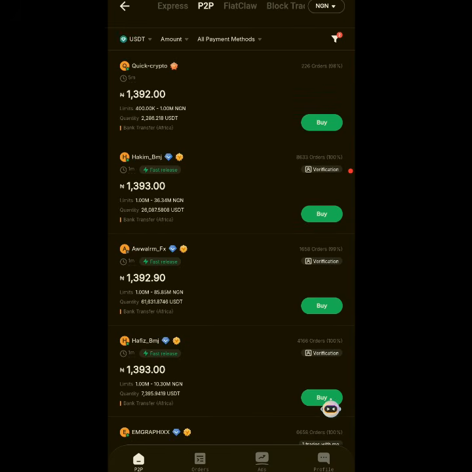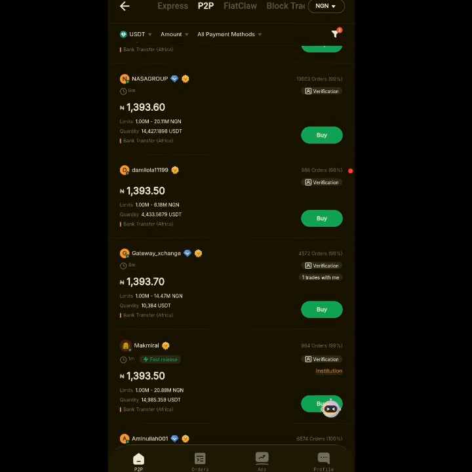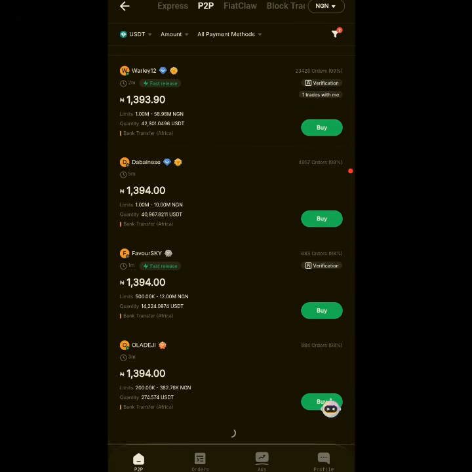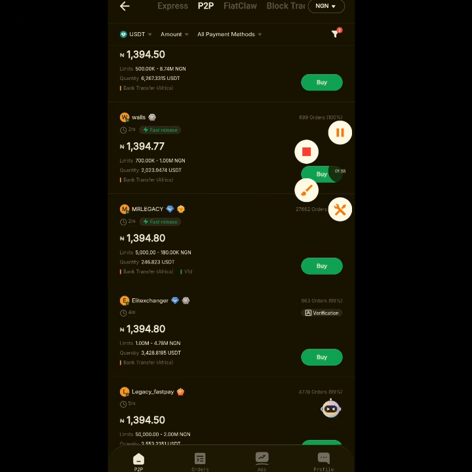So I'm going to find one of them and show you. I hope I find one so I can show you an example of a general advertiser. Just put it that a general advertiser is somebody who doesn't have this kind of badge at the front. It's empty, there's nothing here. This is like a normal user.